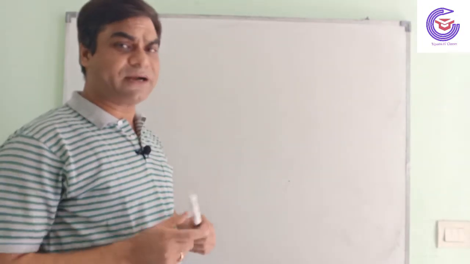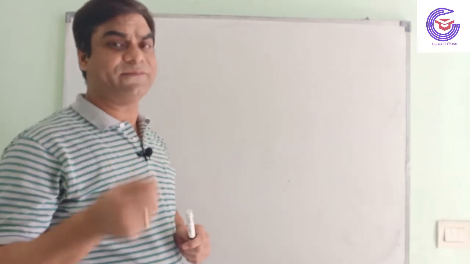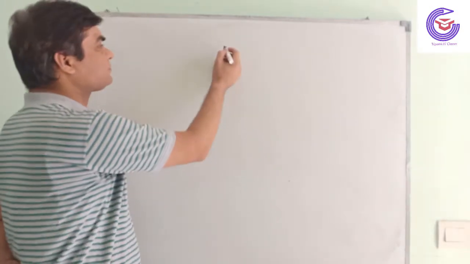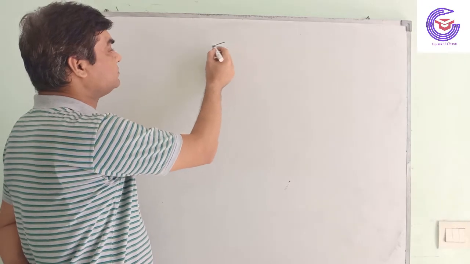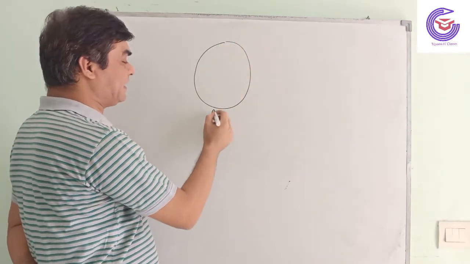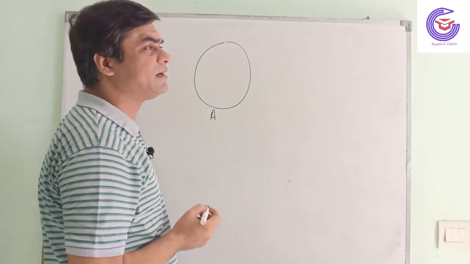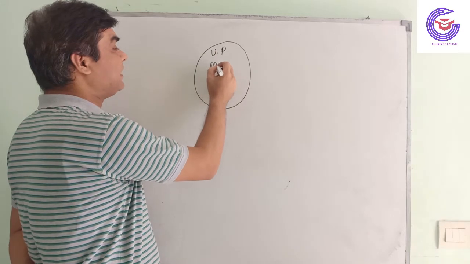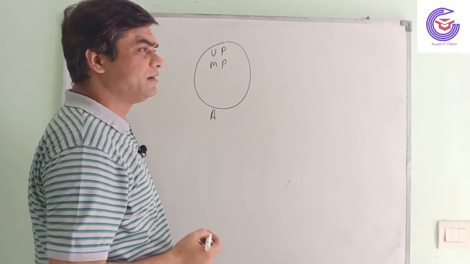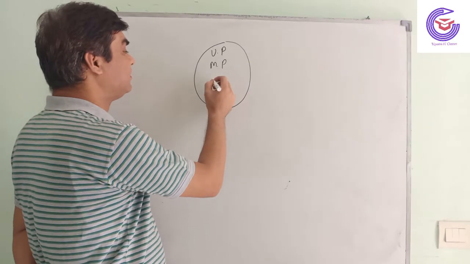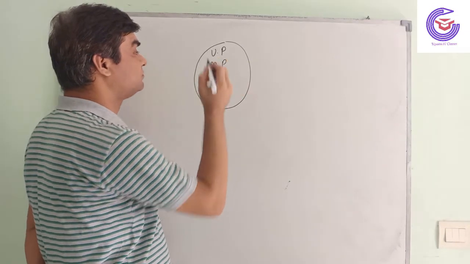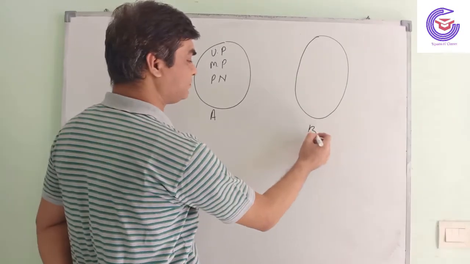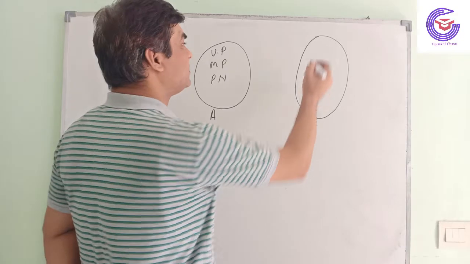Okay, coming to the definition part of the function, how do you exactly define? So let me take one very good example. Suppose in set A, you put some states' names. Suppose it is Uttar Pradesh, MP, Punjab. And here you can put some capitals.